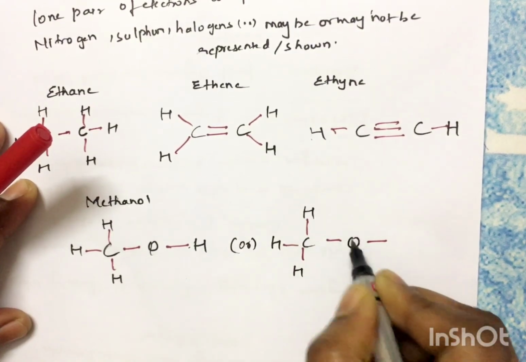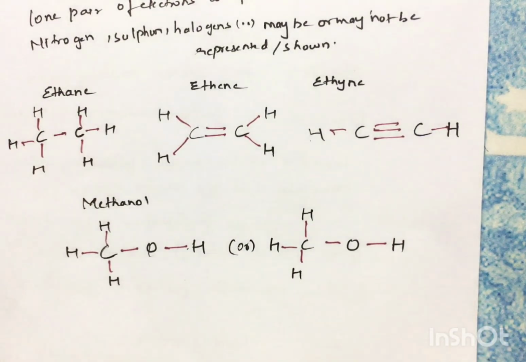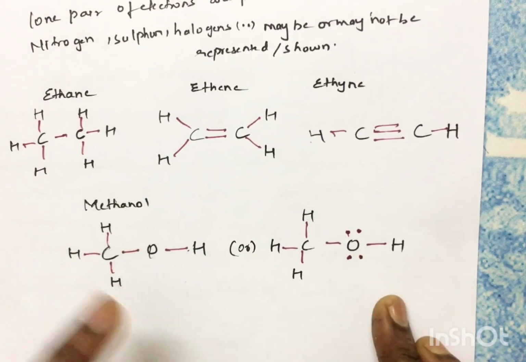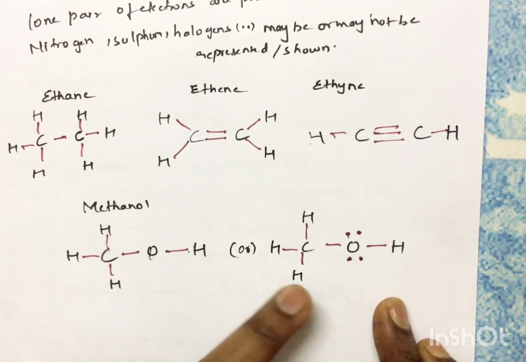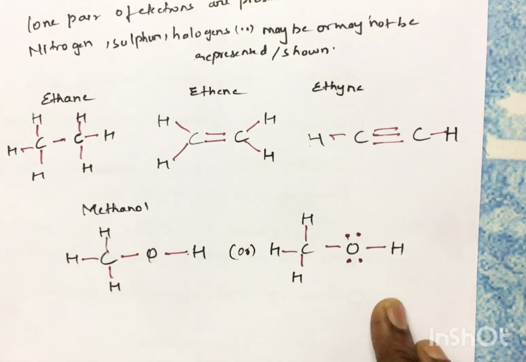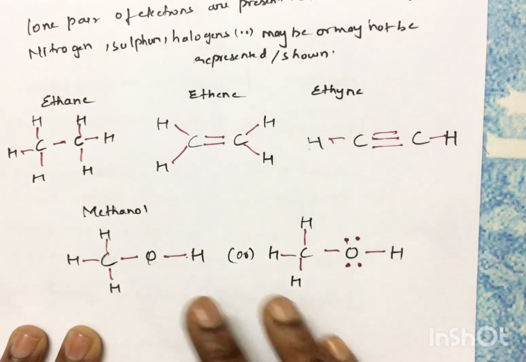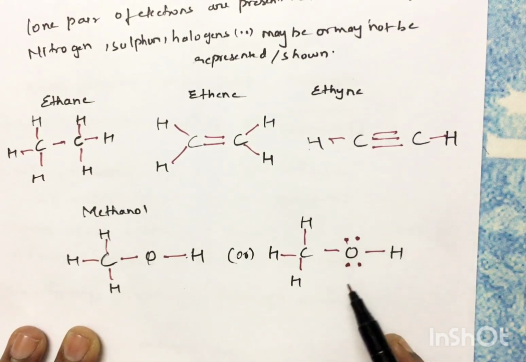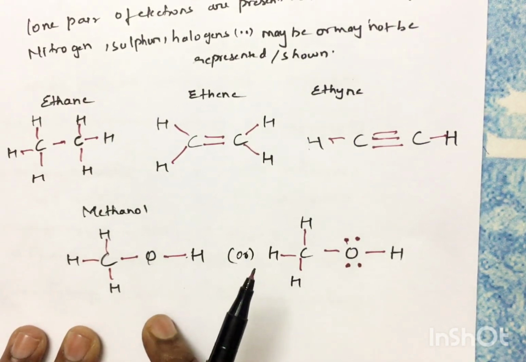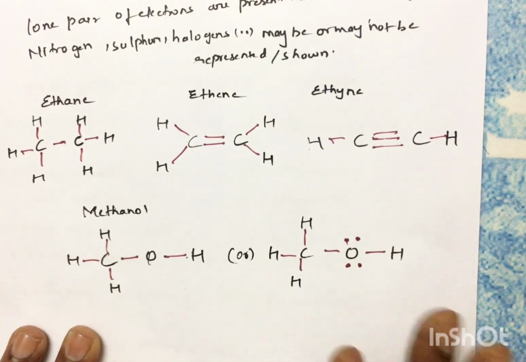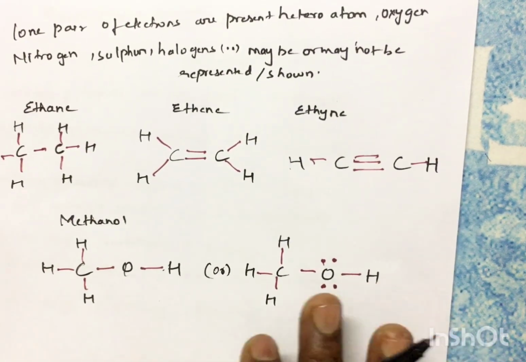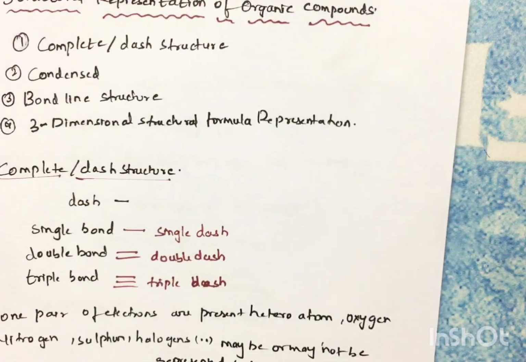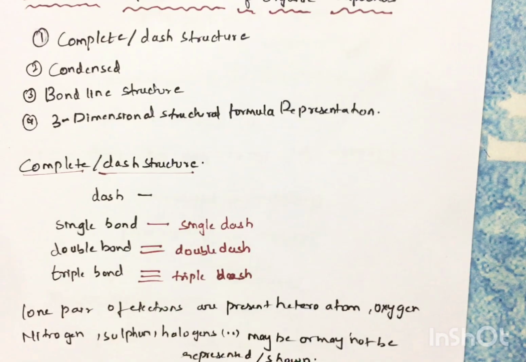So it can be represented as dots, and may be represented or may not be represented. This is the meaning. So if the lone pairs are present on the hetero atoms, they may be represented in the form of dots around that atom, or they can be omitted also. It will be fine. So this is the way of representing the complete or dash structures.